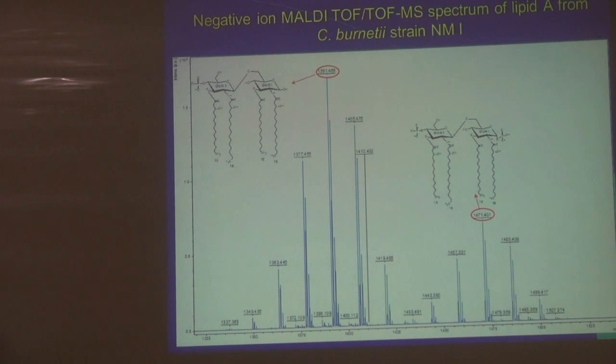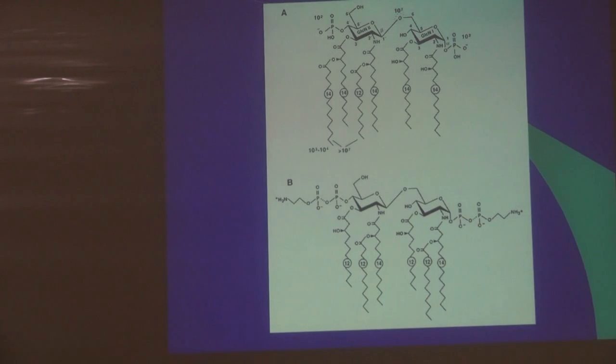That's why those lipids are quite heterogeneous. You can have this one structure, but then you can have fatty acids with shorter chains or with longer chains. But nevertheless, we were able to show that those 2 structures are the main molecular species of this lipid A.